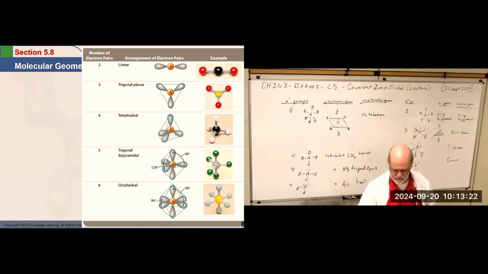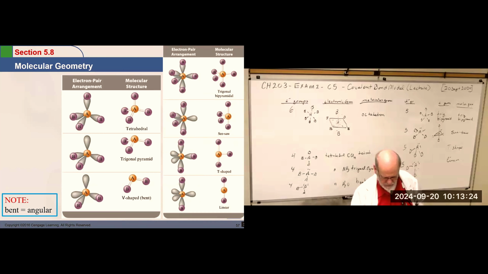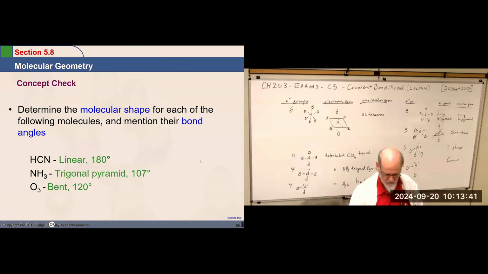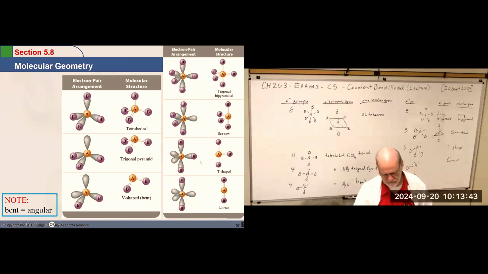Now, if we, let's see, do we do it? Okay, there's the trigonal bipyramid. There's the tetrahedron on the left, the trigonal bipyramid on the right that goes through the seesaw, the T-shape, the linear. We did that one on the board. And then, oh, they don't do any more octahedrons.